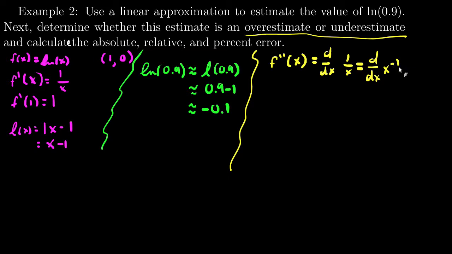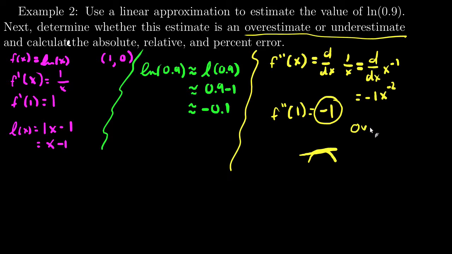And now I can just use the power rule, which means that's going to be negative 1 x to the negative second. And I can just evaluate it from here, so the second derivative evaluated at 1 will be negative 1. Since this is negative, we know that we're concave down, which means that my line will be above the curve, so we have an overestimate.